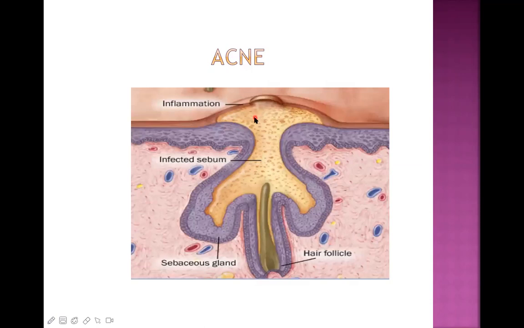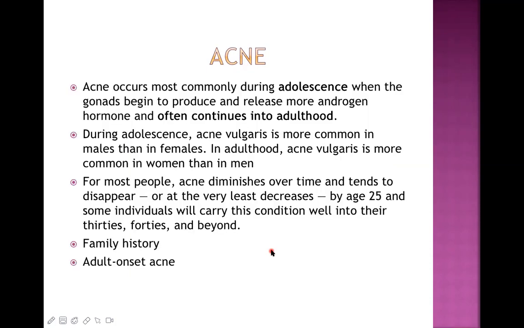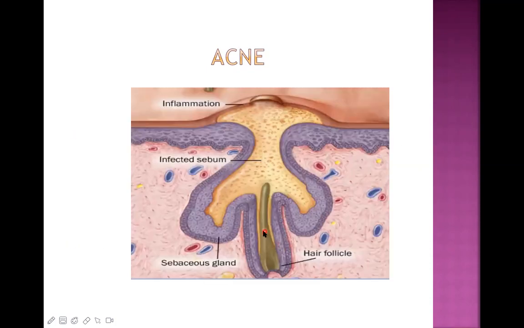Now this is a schematic diagram which is highly suggestive or typical of acne. See here, this is the blockage of the duct of the sebaceous gland. Inflammation has already occurred. Infected sebum has accumulated and that has caused distension of the gland. There is breakage of the hair follicle.